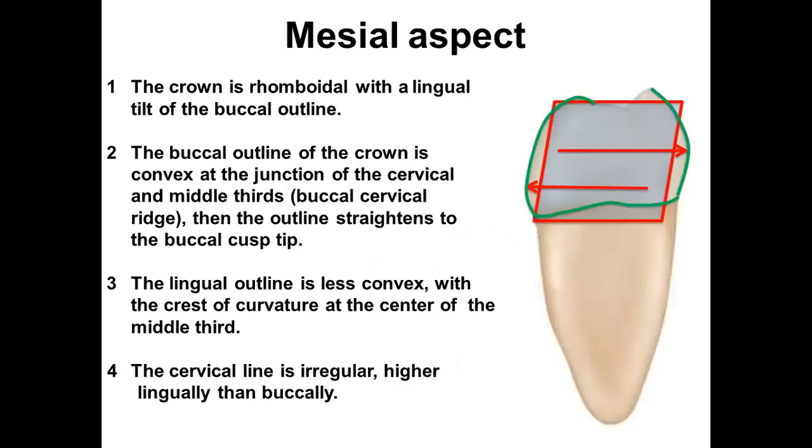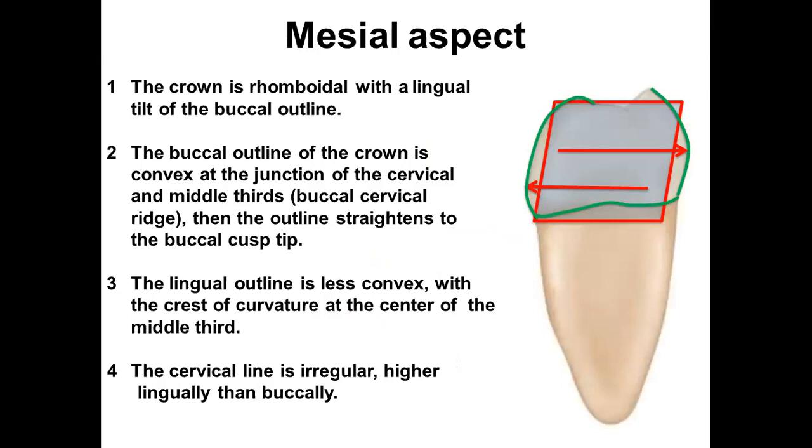When we see the proximal aspect, the crown is roughly rhomboidal, but there is a slight lingual tilt. So whenever you see mandibular teeth from the proximal aspect, either mesial or distal, there would be an appreciable lingual tilt which can be appreciated either from the mesial side or from the distal side.